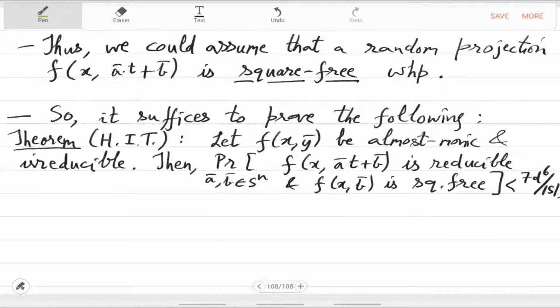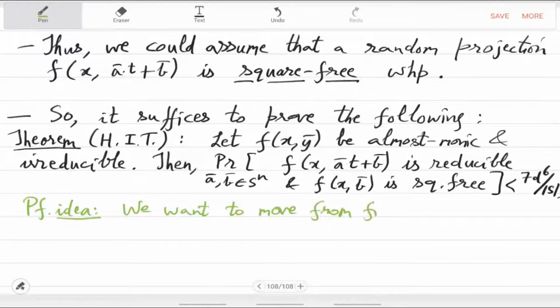So, the idea is that you have some information about this projection a bar t plus b bar, say for example, assume that f reduces.